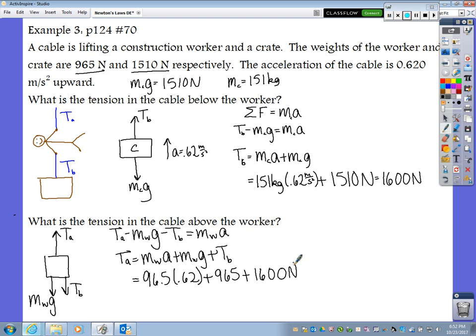So 1600 plus 965 plus 96.5 times 0.62 gives us 2630 newtons.